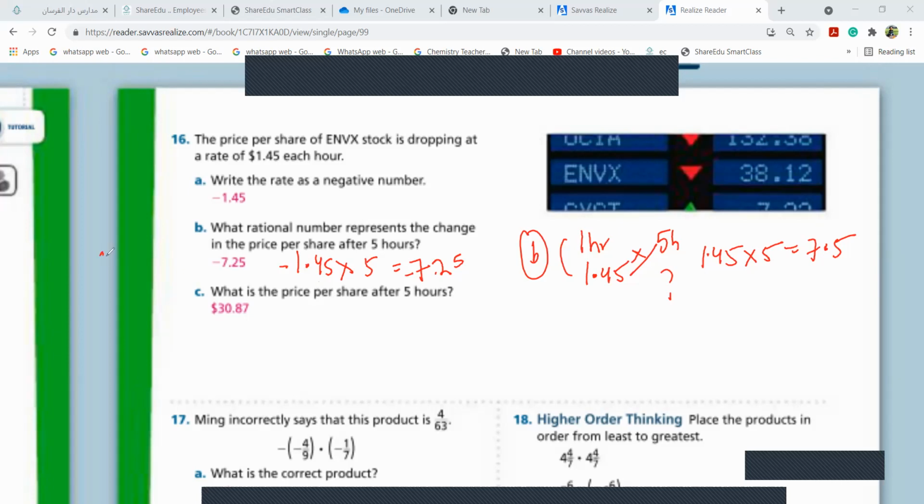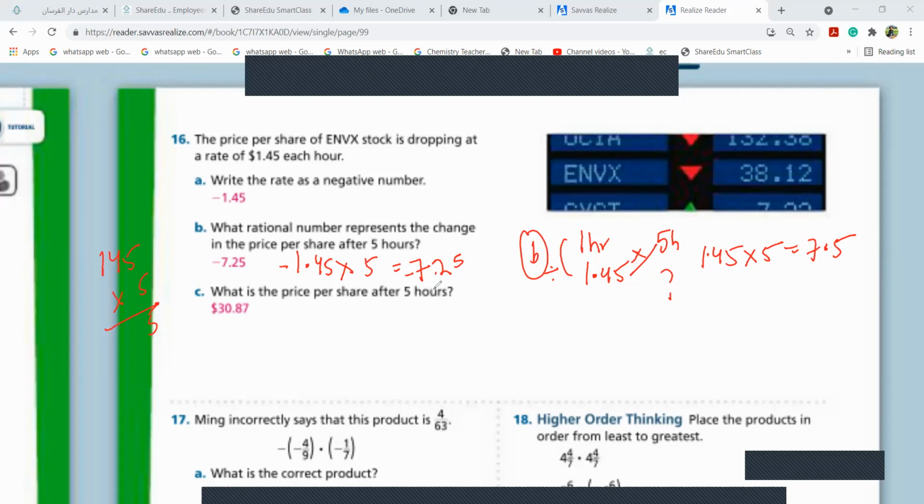See, 1 hour is 1.45. 5 hours, how much? Actually, this is division, but anything divided by 1 is the same number. Then you multiply with 5, and you get 7.25.